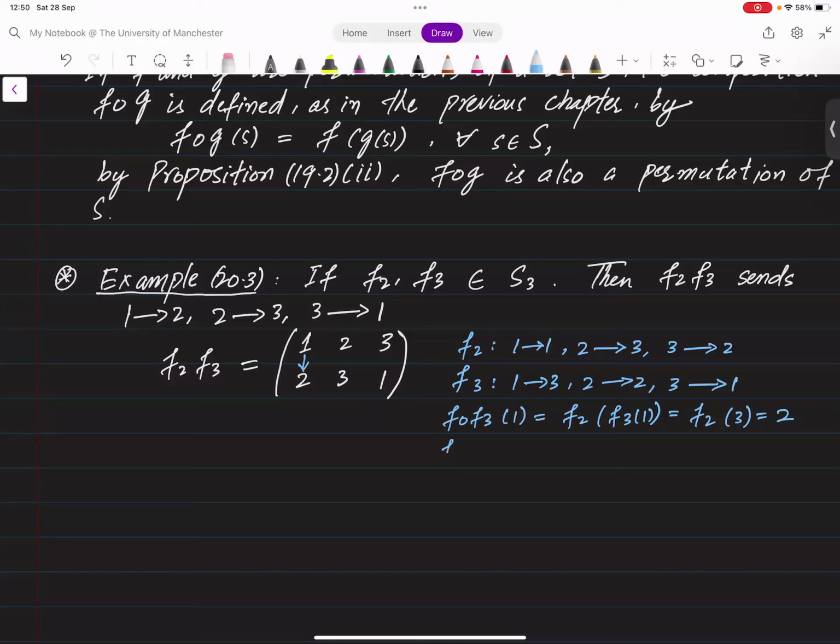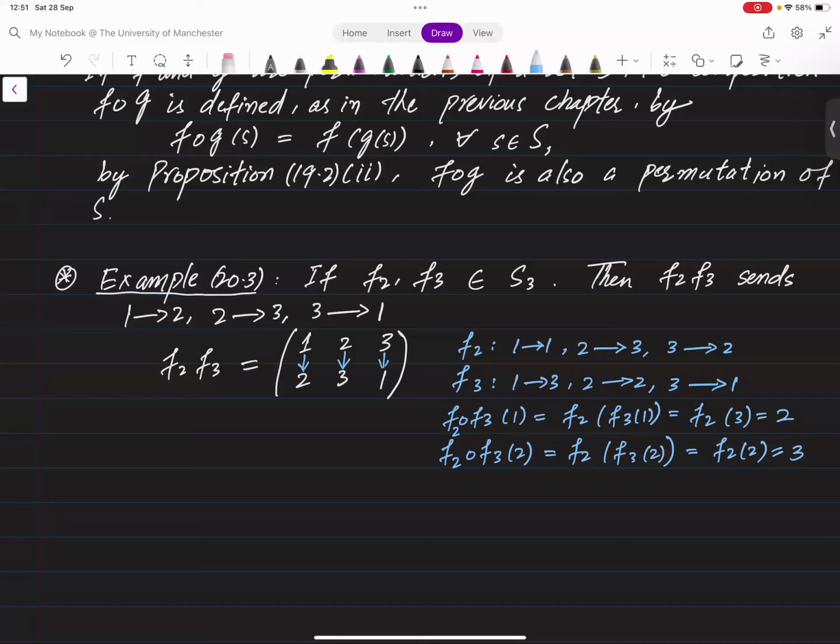Okay. Similarly, F2 compose F3 of 2 is F2 of F3 of 2, and F3 sends 2 to 2. So F2 of 2 is 3. So that's why you are sending 2 to 3. And similarly, that's why you are sending 3 to 1. So this is how this computation shows this.